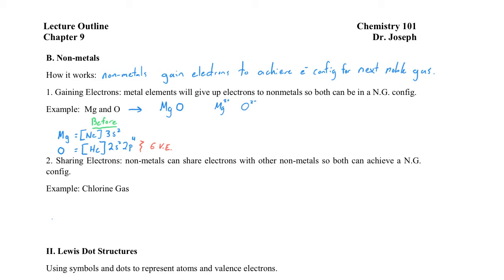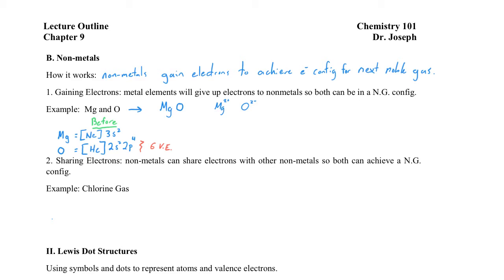Also notice that neither of these has a noble gas electron configuration. The nearest noble gas for magnesium is neon, if it could lose 2 electrons. The nearest noble gas for oxygen is also neon, if it gains 2 electrons.